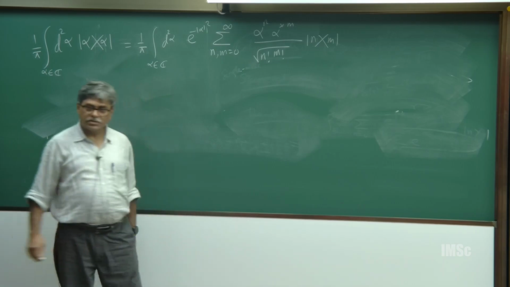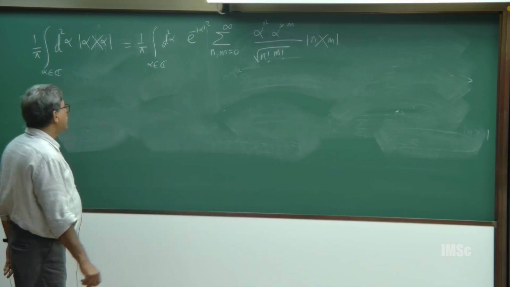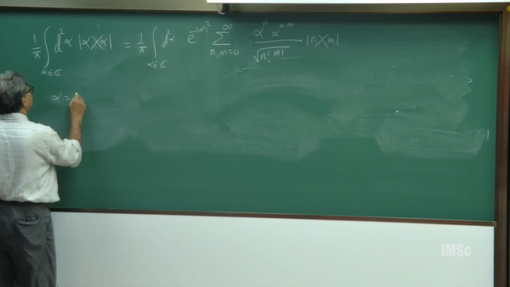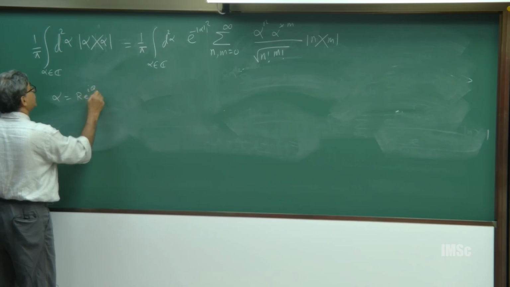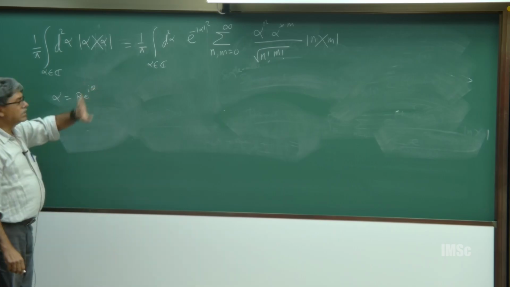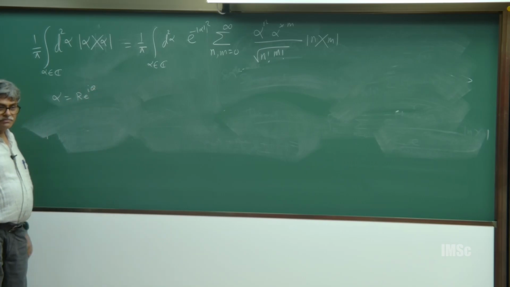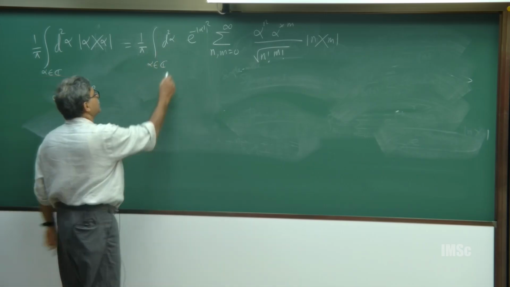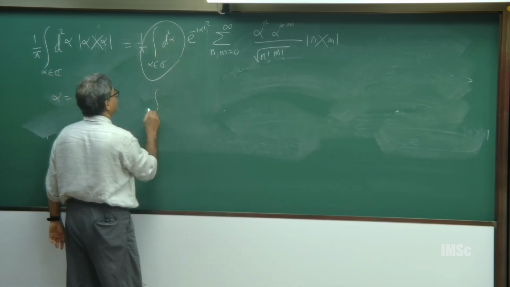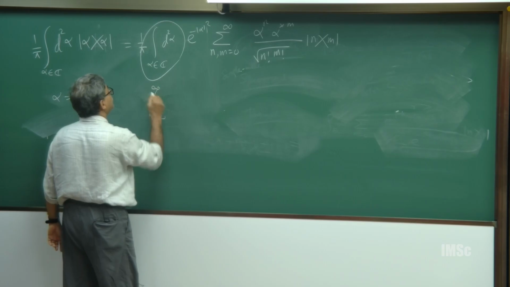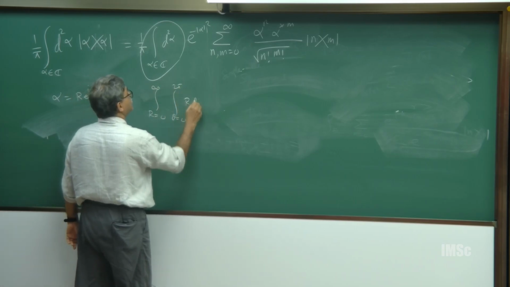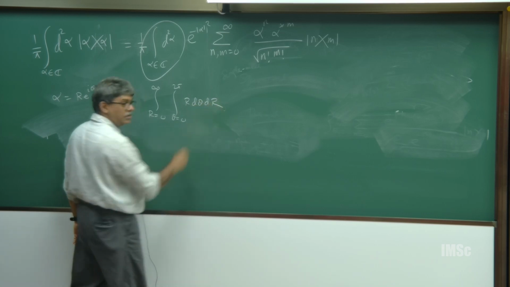Now you can choose, for example, alpha equal to r e to the power i theta, and then do all these things. You can replace the measure by integral r from 0 to infinity, theta from 0 to 2 pi, r d theta dr.